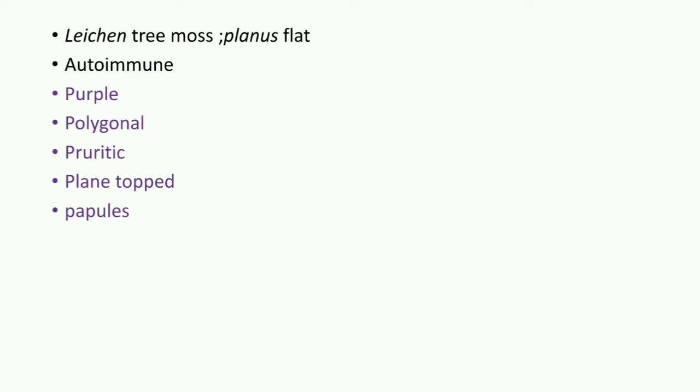Now let's see the image of these lichen planus lesions. Here you can observe that the lesions are violaceous, that means purple colored, and they have a lot of sides, that is polygonal, and they are almost flat topped, so that is plain papules, and they are pruritic.